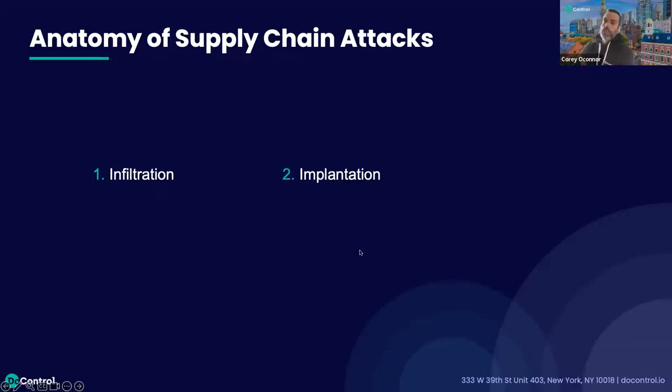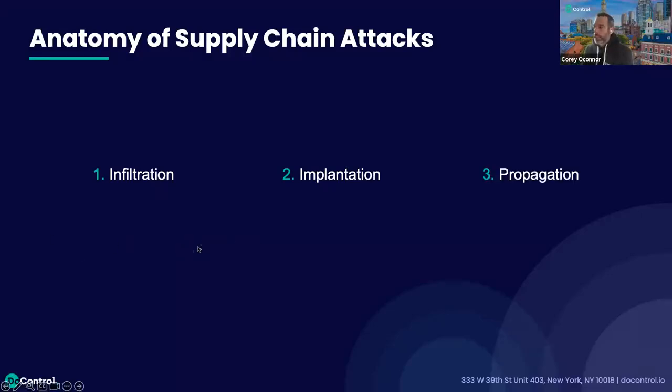Phase two, once the attacker has infiltrated the software supply chain, the next step typically involves implanting malicious code into the software or system. They can achieve this by modifying the source code, injecting malicious code into libraries or dependencies, or leveraging a backdoor to gain unauthorized access to the system or application.